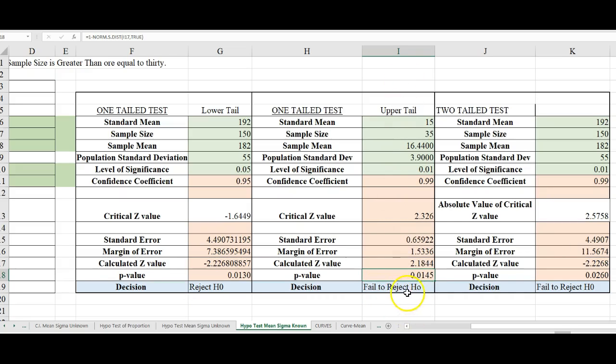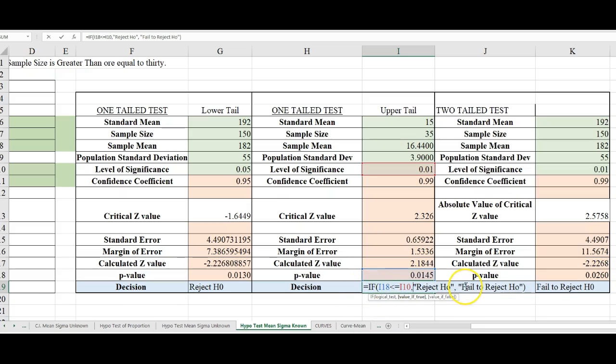I have the hypothesis test built in to this equation here, simply comparing the p-value to the level of significance. If the p-value is less than or equal to the level of significance, then I can reject H sub 0. Otherwise, I fail to reject H sub 0.